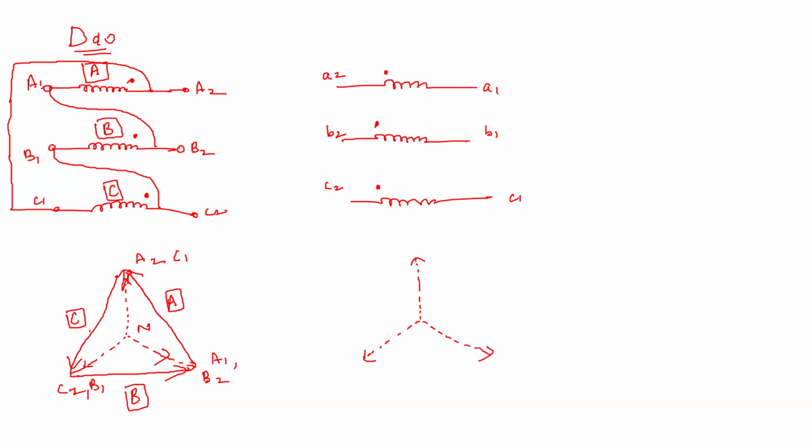On the terminal side, I have to take small a2, so that a2 and n are in phase with capital A2 and N, because this is 0. Similarly, small b2 and n should be in phase with capital B2 and N. Then small c2 should be in phase with capital C2 and N. Now, A2 is here, so A1 is naturally downwards, because this direction A2 A1 we have to maintain.